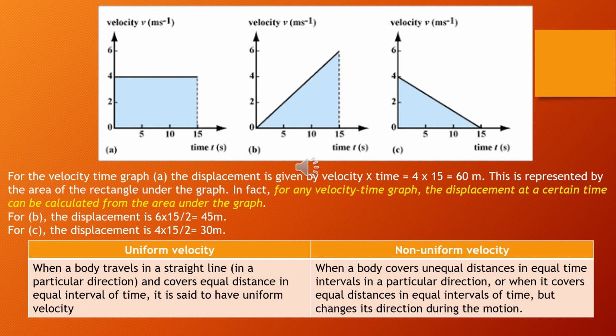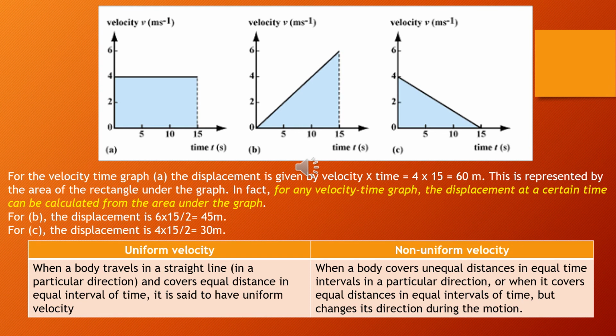When you are trying to solve a graph, you always need two parameters to find the third parameter. In a similar way, in these graphs you are provided with velocity and time. Using this velocity and time, you can find the displacement.